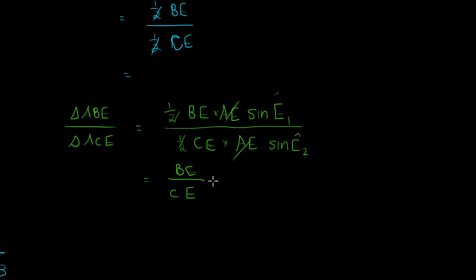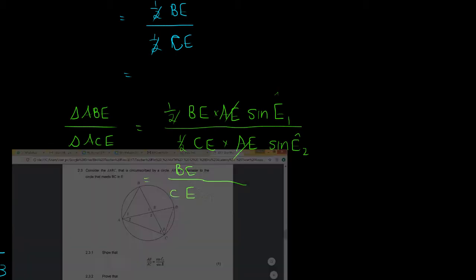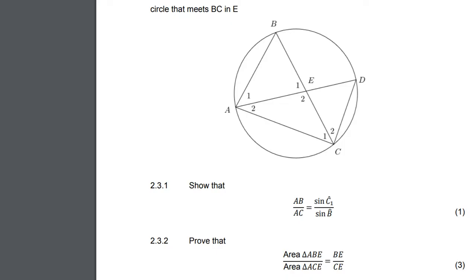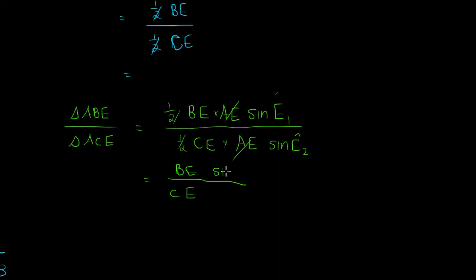And here we've got a little bit of a problem. Now these two can't just cancel. But notice that E1 is 180 minus E2. So this is just sine of 180 degrees minus angle E2 over sine of E2.